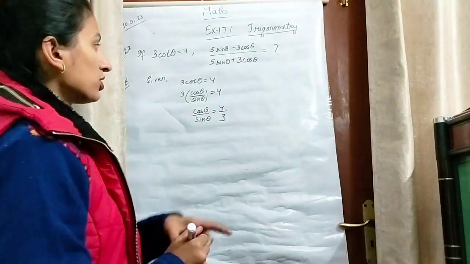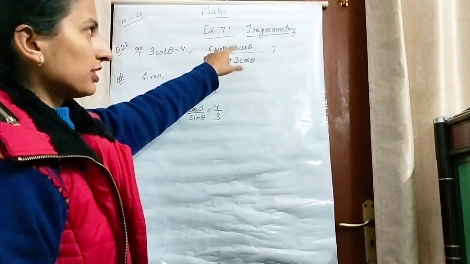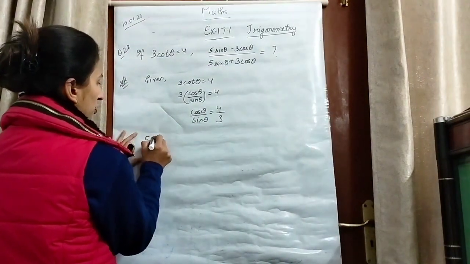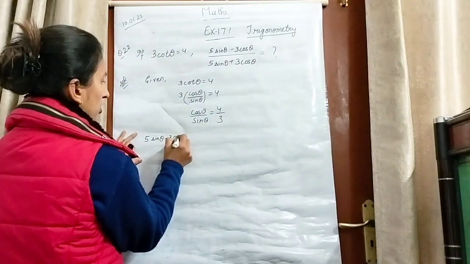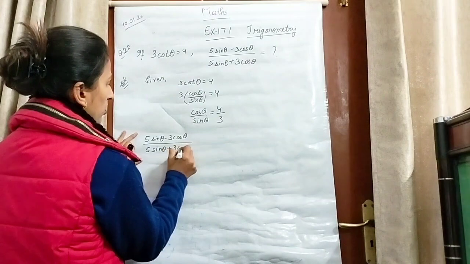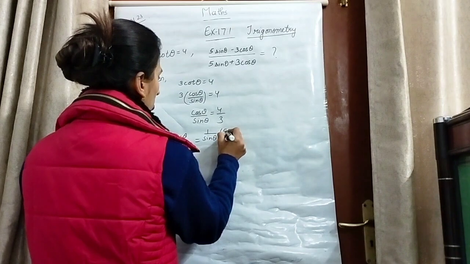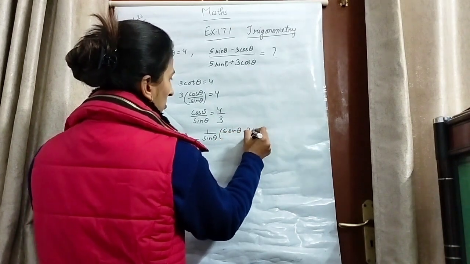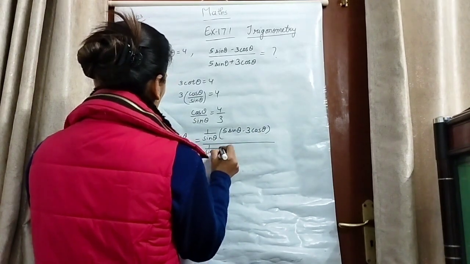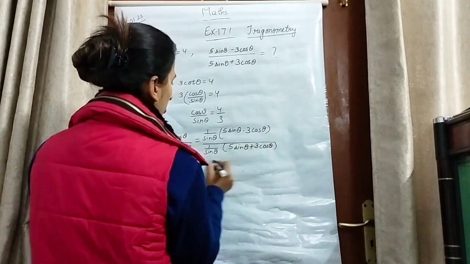Now in the previous question it was 12 upon 5, now it is a different value, but simply we will do the same thing. We will divide by sin theta in both numerator and denominator. So the expression is 5 sin theta minus 3 cos theta upon 5 sin theta plus 3 cos theta. Again we will divide by sin theta in both numerator and denominator, so that the meaning will not get changed, and it will be easy to solve.